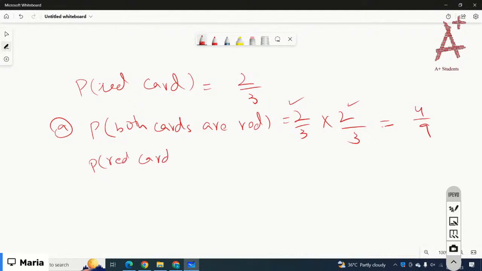We know that the probability of a red card is 2 by 3. Let's just calculate the probability of a black card only, not blue, because we already have the probability of a red card. The probability of a black card is: you have only one black card out of 3, so it would be 1 over 3. So the B part is the probability of red and black, not blue.